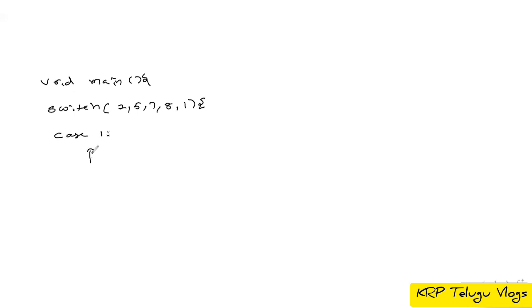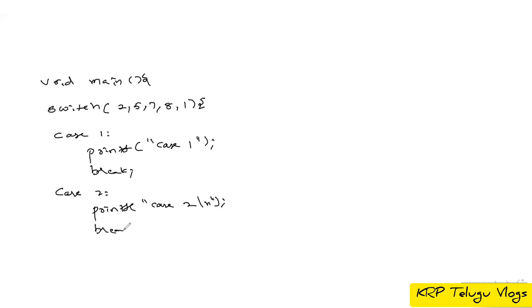Case 1: printf case 1; break; case 2: printf case 2; break; default: printf default. So now you tell me what is the output of this one.